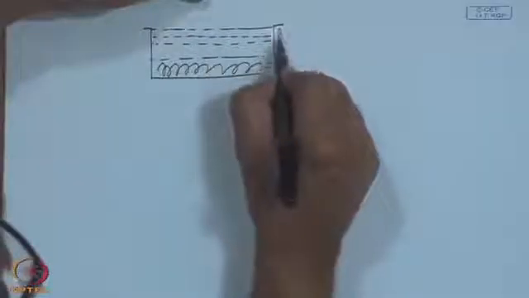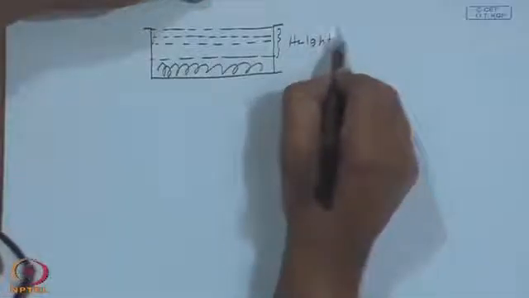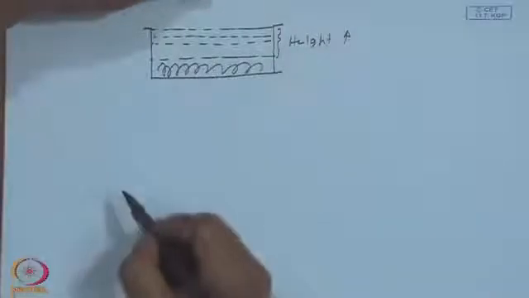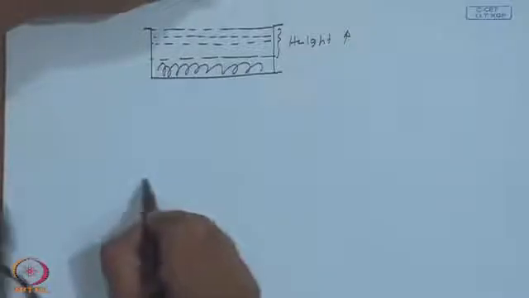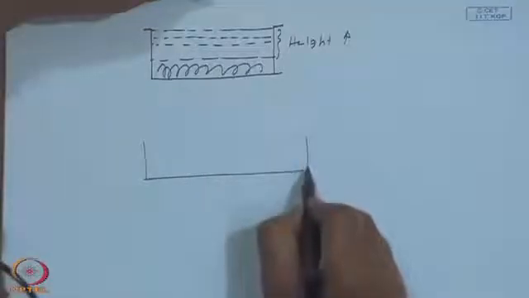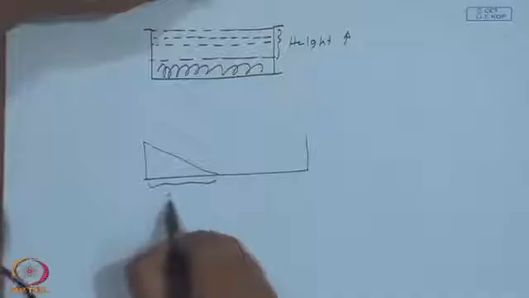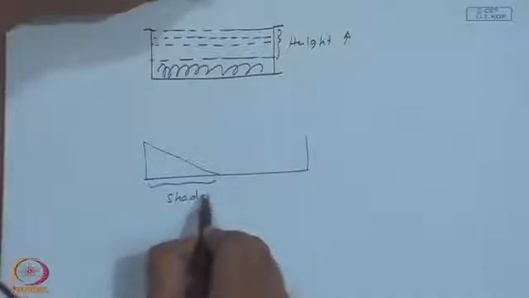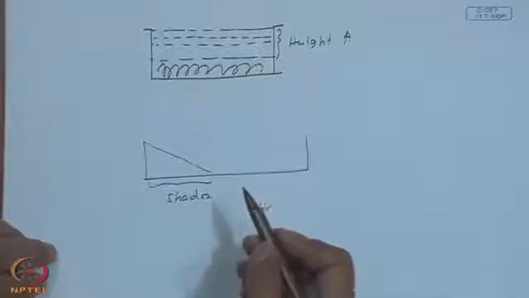Now, with this height, as the sun's altitude keeps on increasing and when it is not due south, this box will cast a shadow, which could be significant, even if the collector is facing due south.